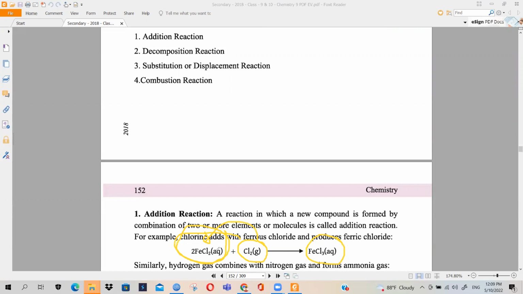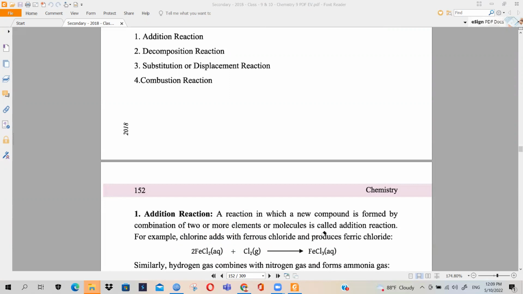Be real quick and let me know what will be the half oxidation reaction and half reduction reaction in this reaction. Take your time, but you have to practice it. Do it in the notebook.